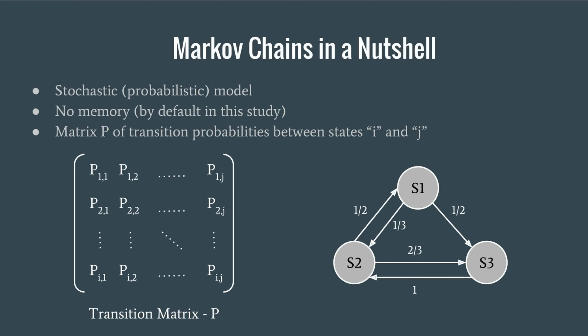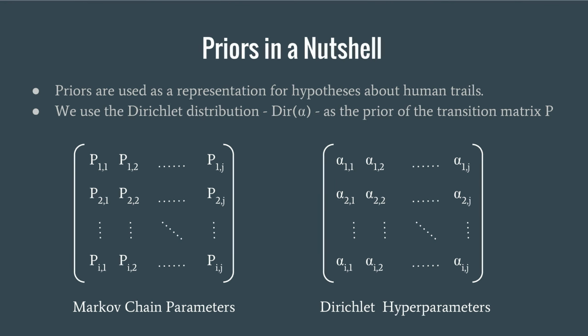It is represented by a matrix P, whose elements are the probability of transitioning from one state to another. Prior represents hypothesis. The prior belief of the parameters in P is represented by alpha. So the posterior distribution is a combination of prior belief and the actual data.